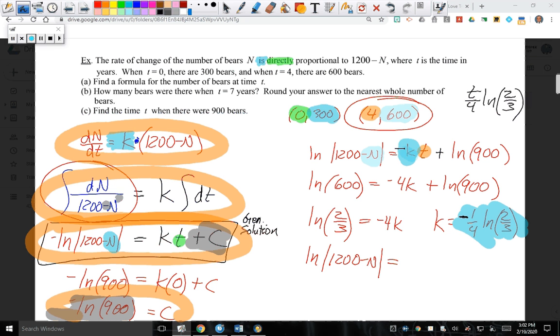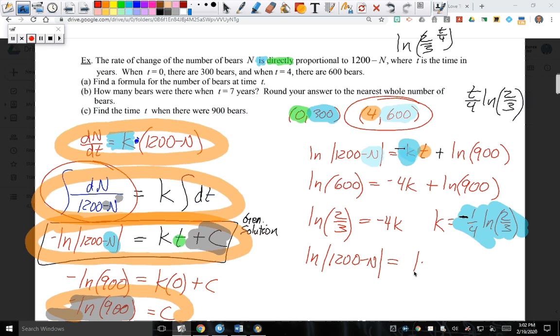And we're going to move it as the power now. So we're going to move this to say that this is the natural log of 2/3 to the power of t over 4, because when we apply the base e, it'll be easier to simplify. Okay? So let's go ahead and write that out. So the natural log, let me do that in red.